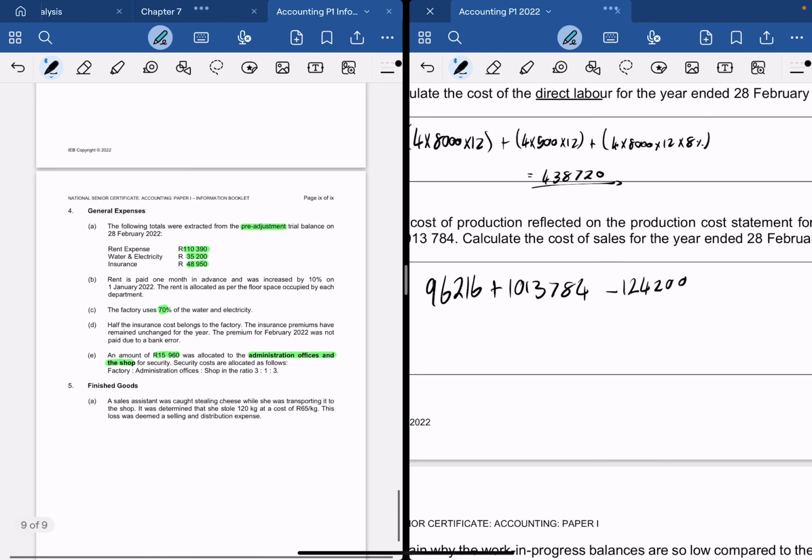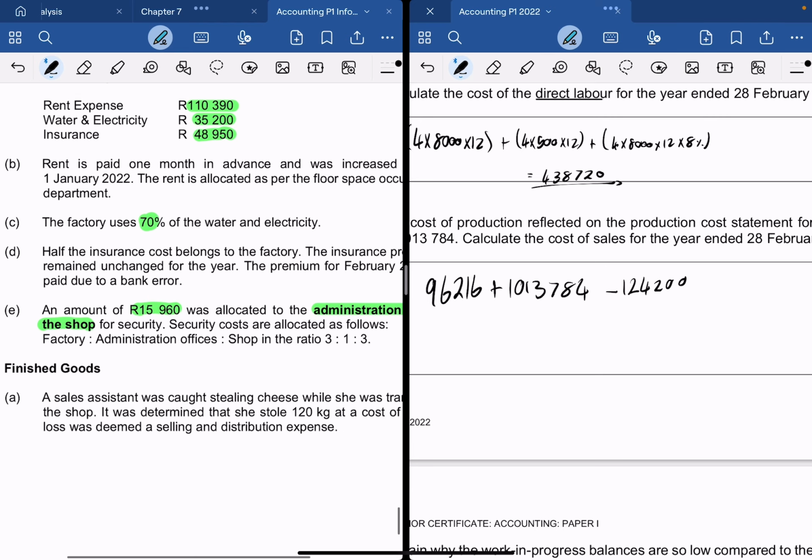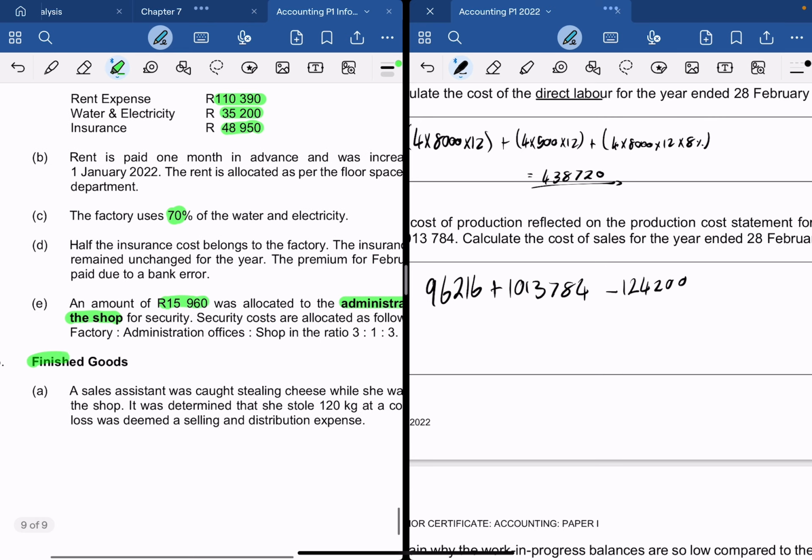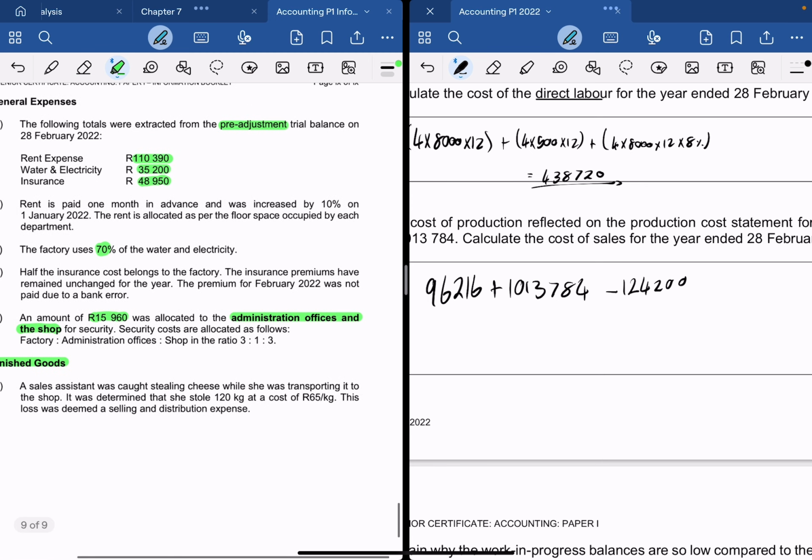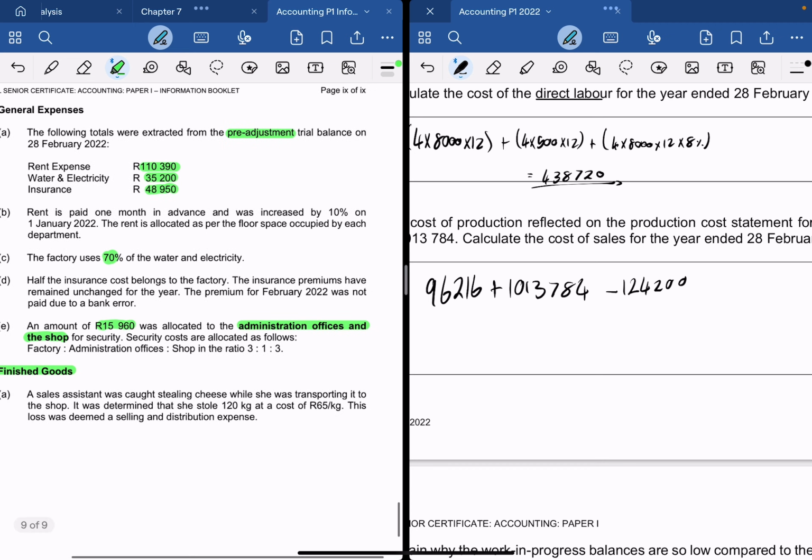And then we have to come to our finished goods section. It's really nice that they've highlighted where we need to look for things. It says a sales assistant was caught stealing cheese while she was transporting it to the shop. It was determined that she stole 120 kgs of cheese at a cost of 65 Rand per kg.